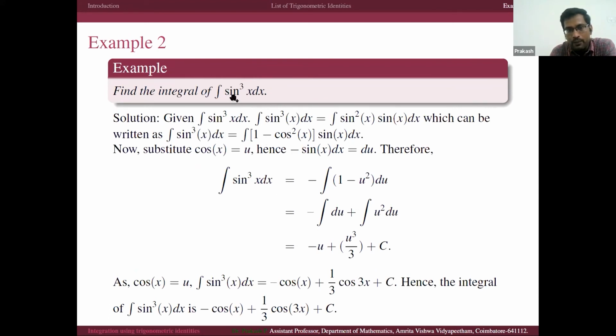If I use this identity and this substitution, I need to do at least 3 to 4 steps to evaluate the integral: one step, second step, third step, and this is the final one. So here I am getting minus cos x plus 1 by 3 cos 3x plus c, right?